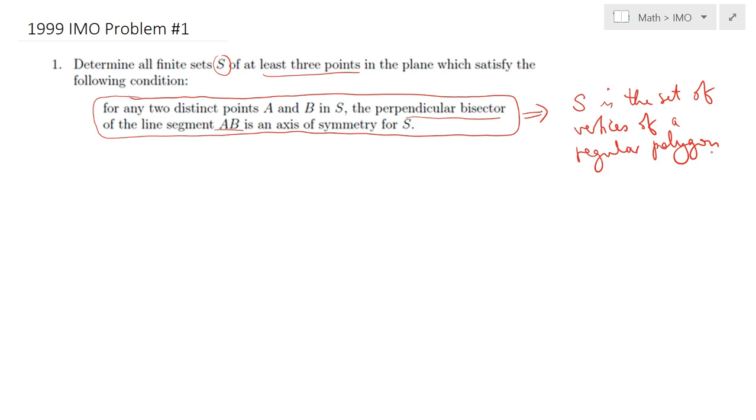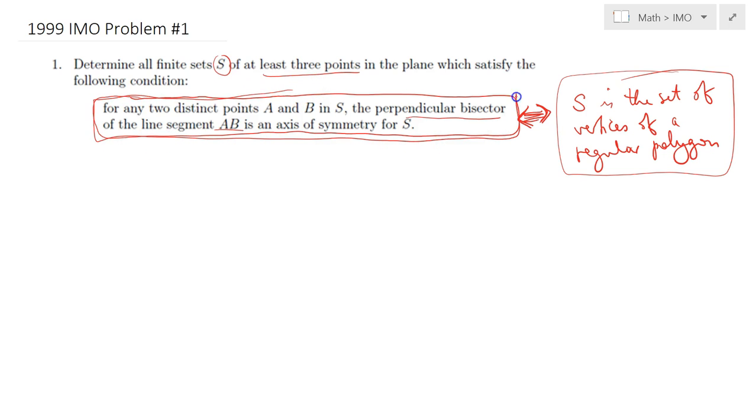In fact, the statement is an if and only if statement. It is clear that if S is the set of vertices of a regular polygon, this condition will definitely hold, right? For example, if you have a regular pentagon, and you just pick two vertices.